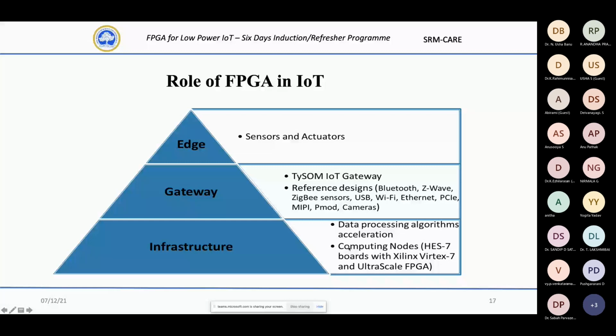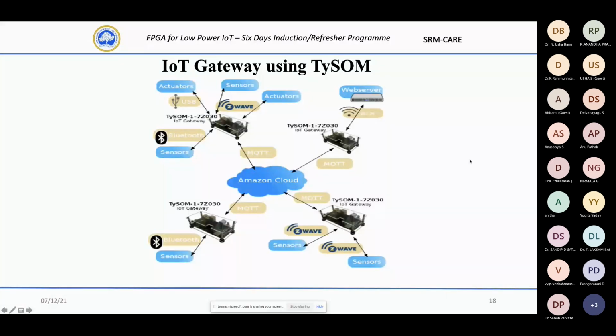So if you see here, this is the AICTE Tizen FPGA link. Here there are different applications. All these are connected to the Amazon Web Services, AWS cloud. You can see different actuators and sensors connected to the board, and all these are processed through the algorithm, and the cloud will collect and store all the data.